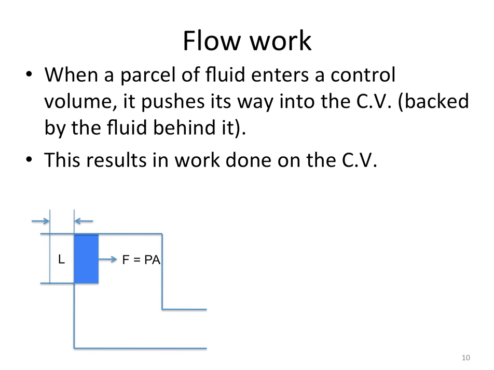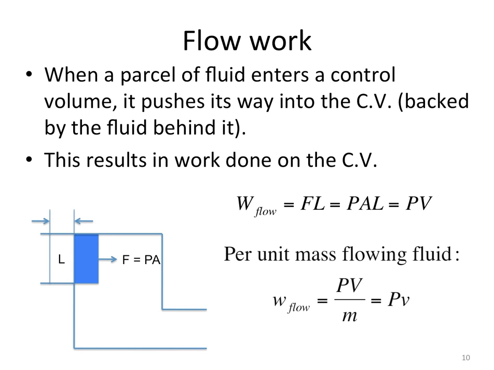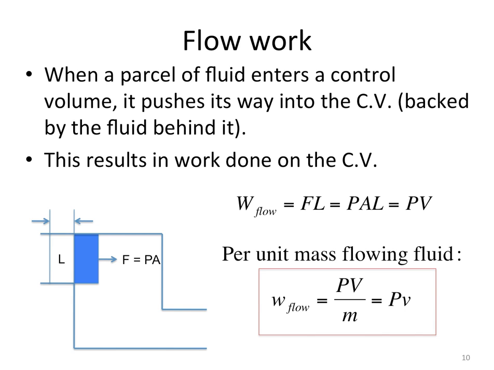Force times distance, that's work. So this results in work done on the control volume by the flowing fluid entering the control volume. And this is the expression of the work done. We can normalize that work onto per unit mass of flowing fluid. That's flow work.